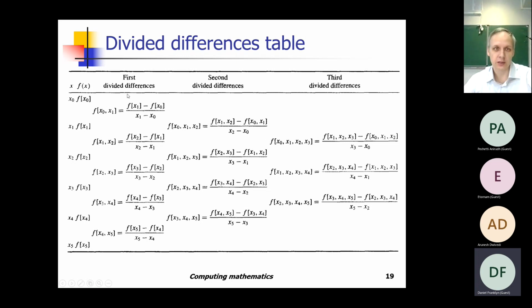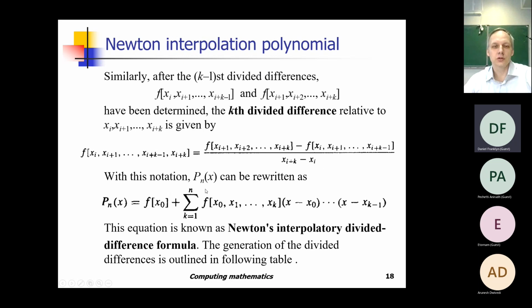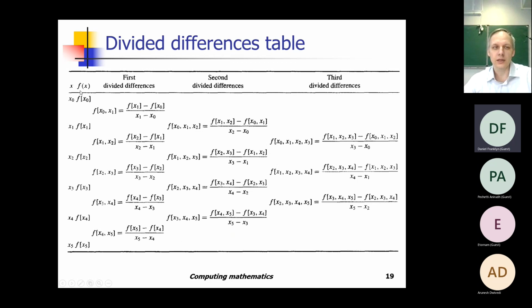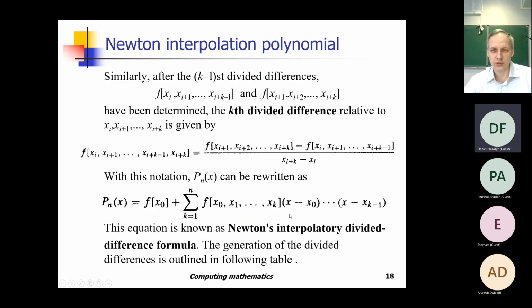And after that, how to write this polynomial? I should take these upper divided differences: f of x0, f of x0, x1, f of x0, x1, x2, f of x0, x1, x2, x3, and so on. And substitute them into this formula, into this sum, and after that I will write a polynomial.